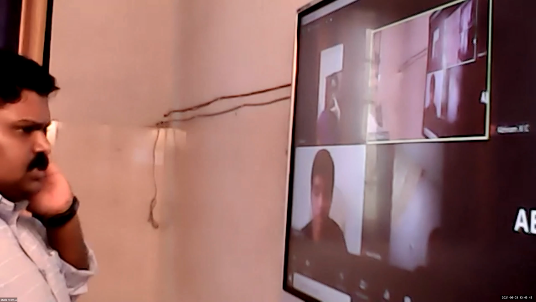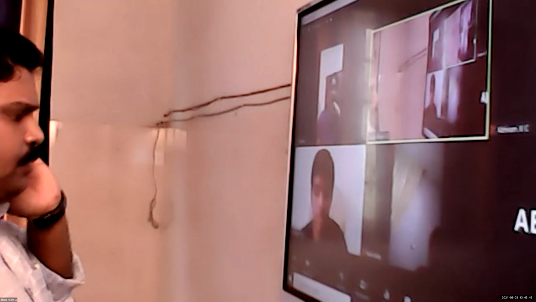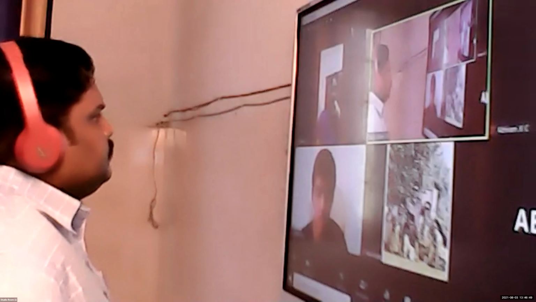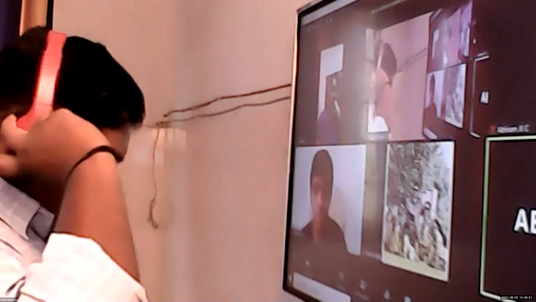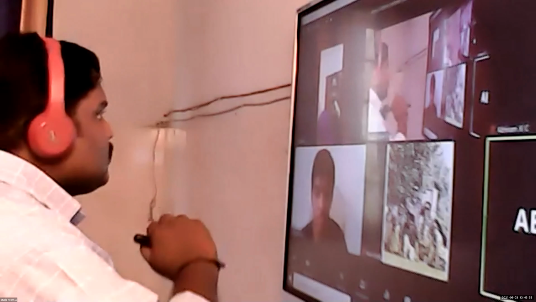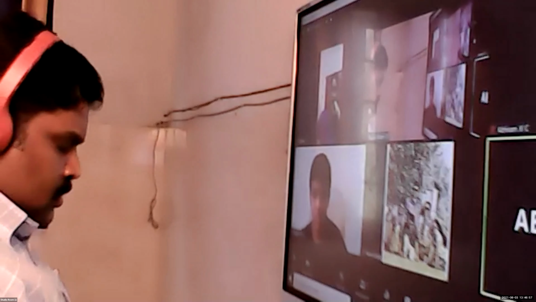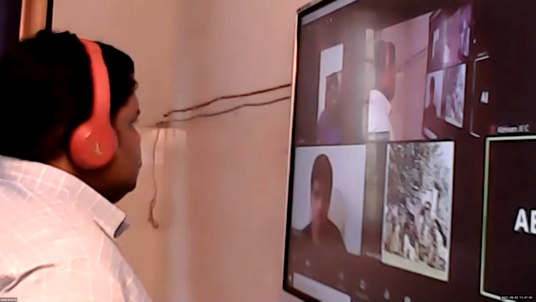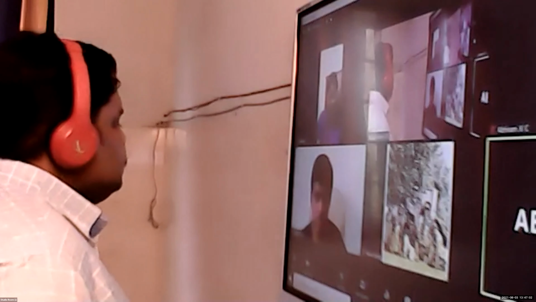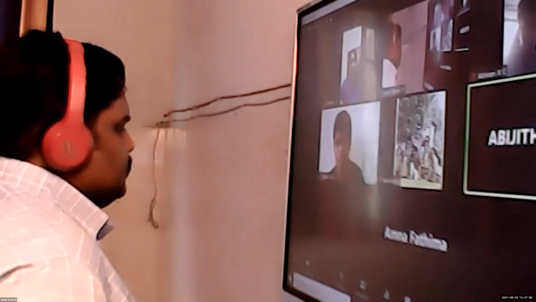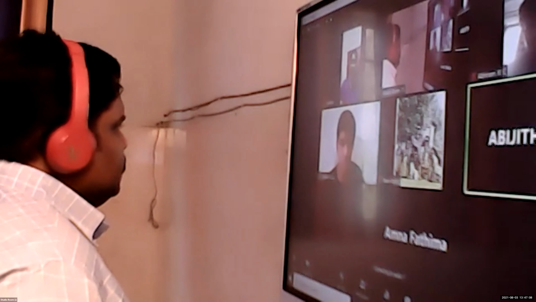Okay, next Mr. Abhijit. This is the topic of how the PR system works in the Rajya Sabha. You can start now. A third variant of PR, the single transferable vote system, is followed for Rajya Sabha elections. Every state has a specific quota of seats in the Rajya Sabha.